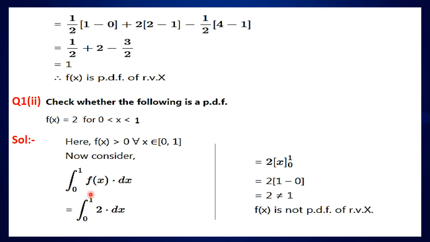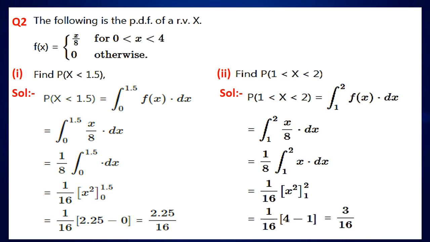So the integral from 0 to 1 of 2 dx is 2x, applying the limit 0 to 1, that is 2 into (1 − 0), which is 2. It is not equal to 1. We should get 1, but we got 2. So f(x) is not a PDF of the random variable x.